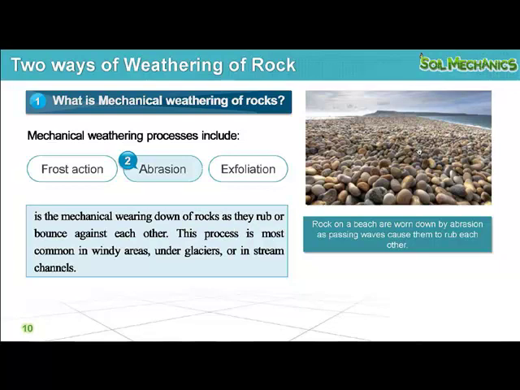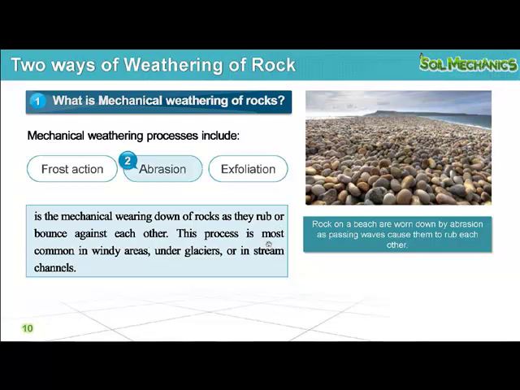You can see in the picture rock that is moved or transported from one place to another, and it can be abraded because the rock is moved by flowing water or by topography.